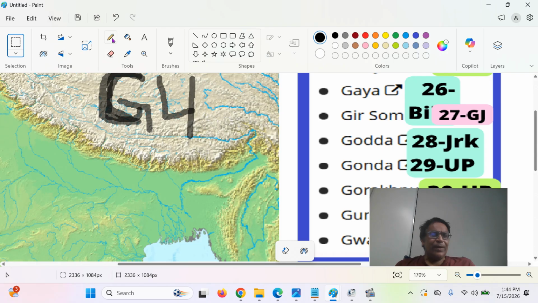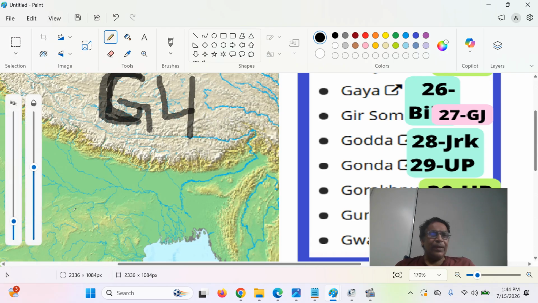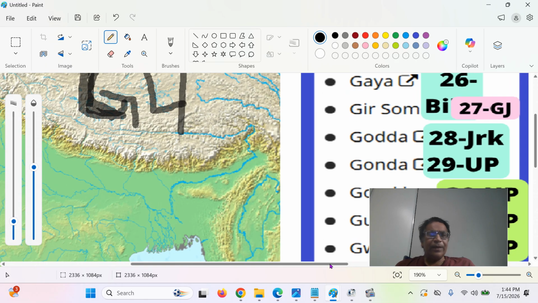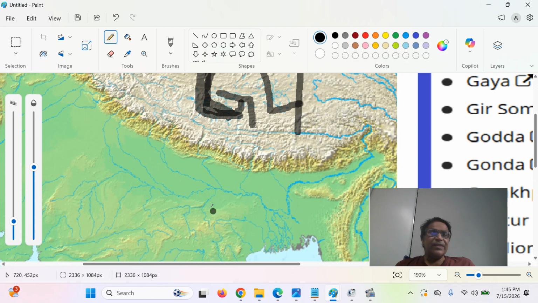So you have the Ganga river and the Son river, and that is the historic Shahabad district, you count there. When you have Shahabad district, this should be the Patna district, Patna, Nalanda, Bihar Sharif.